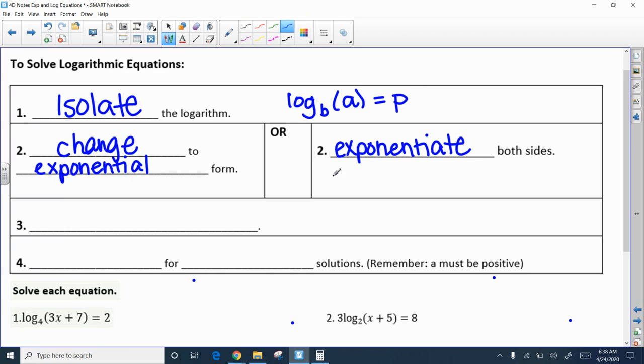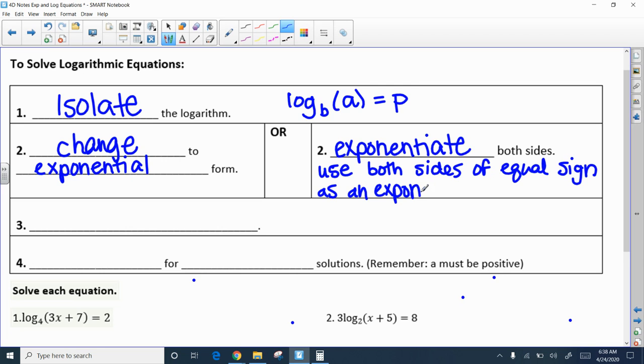This word, exponentiate, means we're going to use both sides of the equal sign as an exponent to the same base.